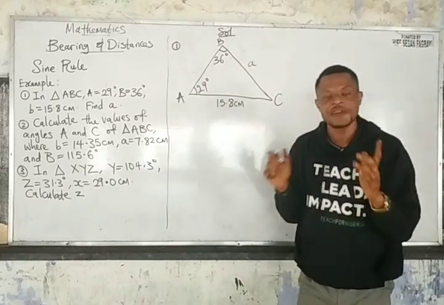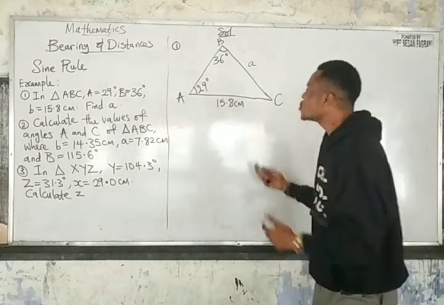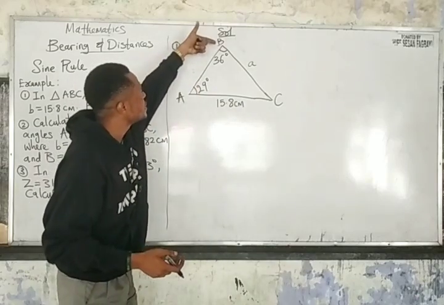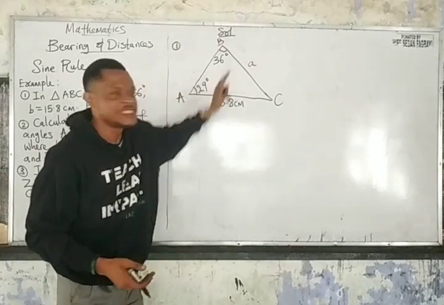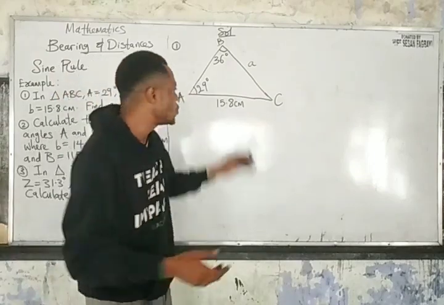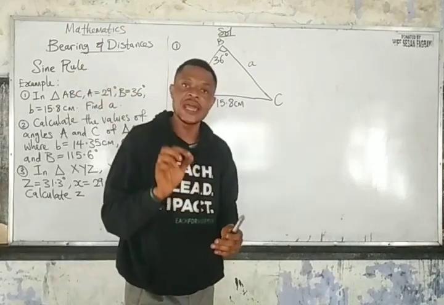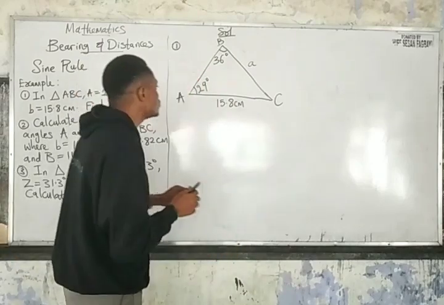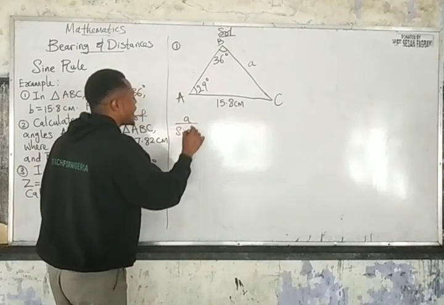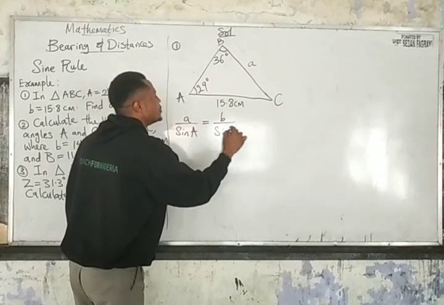Moreover, the question did not even state to find angle c or the side c. So anyone can come first. We know that we are applying the b and also the a. So you can choose to start with a all over sine a equal to b all over sine b, or b all over sine b equals to a all over sine a. The two is fine. So I proceed with a all over sine a equals to b all over sine b.